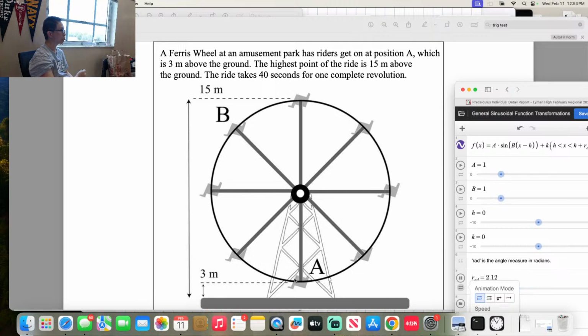Yeah, make the equation that makes it go like that. You start at point A. Y equals negative 6 cosine. No, you were doing good. I have negative 6 cos. Yeah, that's perfect, that's the start.